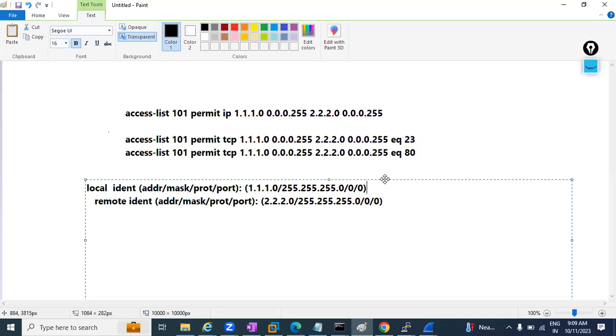But if you use it for 23 and 80, then here they would mention protocol 6 and port number 23, and in the second one, protocol 6 and port number 80. So this would be the output if you define your two ACLs just for TCP Telnet or HTTP traffic instead of using IP.